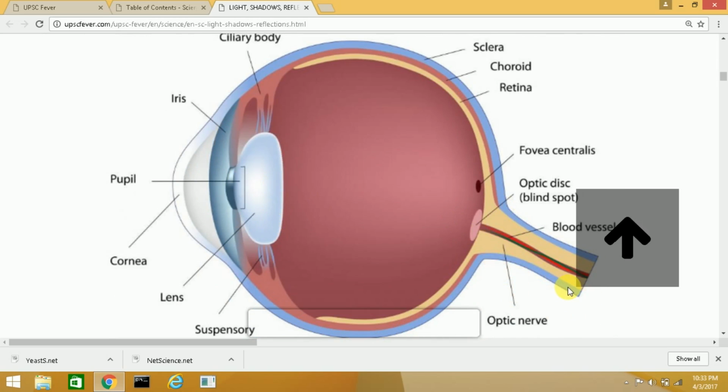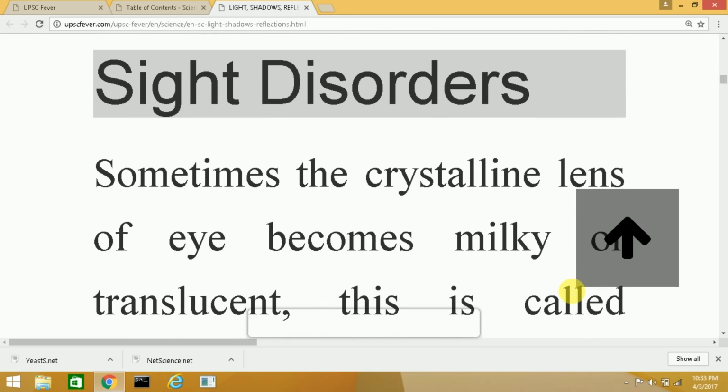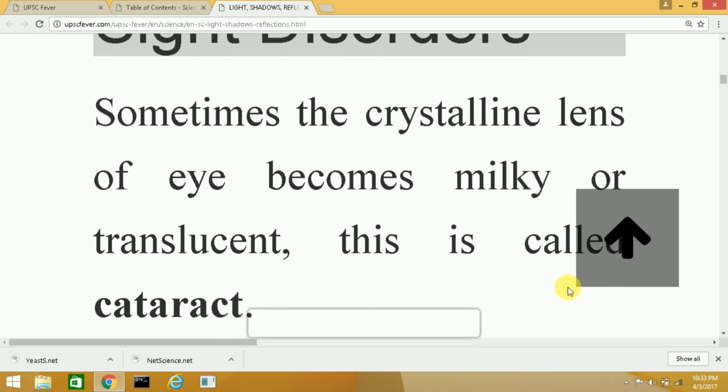So that was about the eye, and now moving on to the various disorders. Sometimes the crystalline lens of the eye becomes milky or translucent, and it becomes difficult to view through the eye. This problem is very common in old age and is known as cataract.